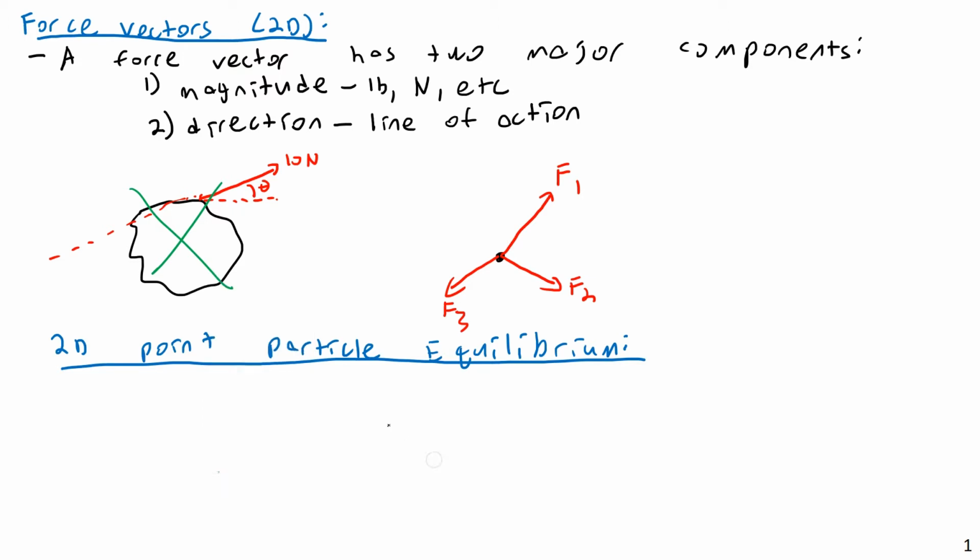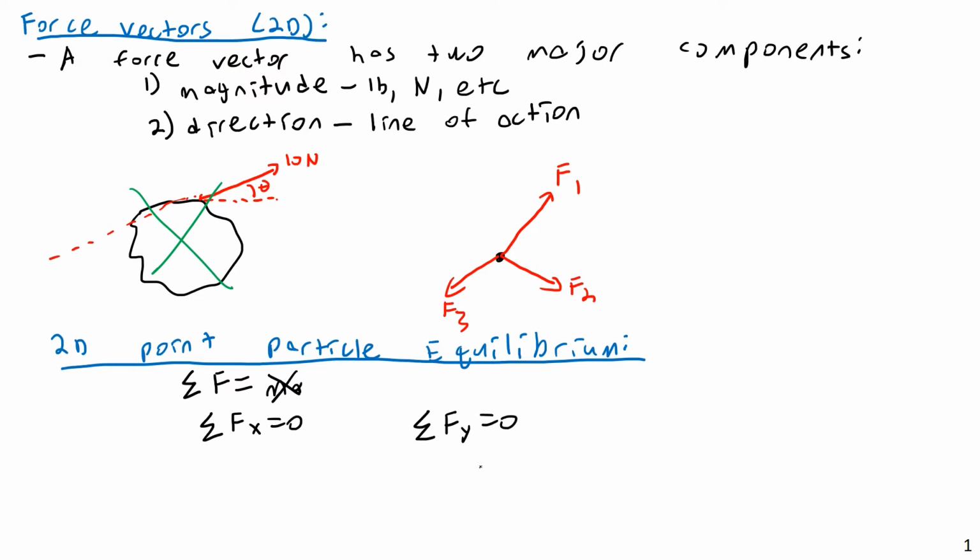Because we're looking at point particles, we only have to worry about translational forces, not moments. And because it's 2D, we're only concerned with the x and y axes. The first equation is the sum of forces equals mass times acceleration. However, the acceleration is 0 because this is a statics class. So the sum of forces in the x direction equals 0, and the sum of forces in the y direction equals 0.